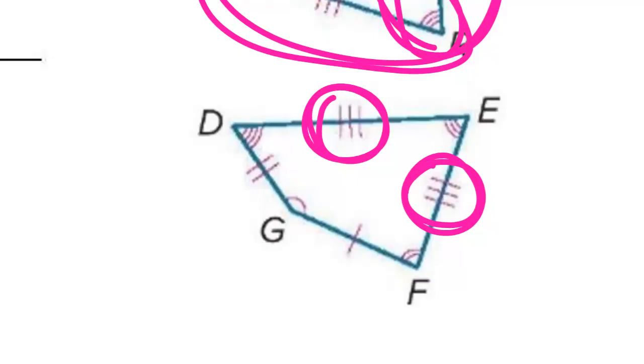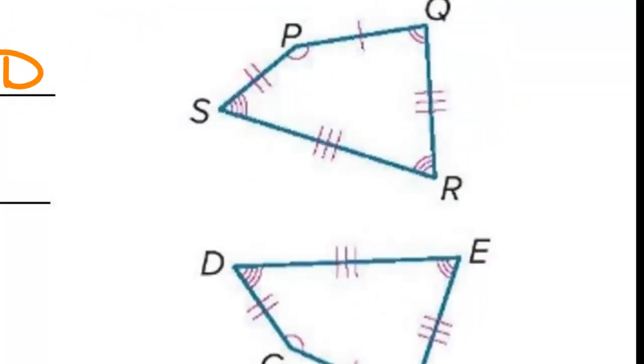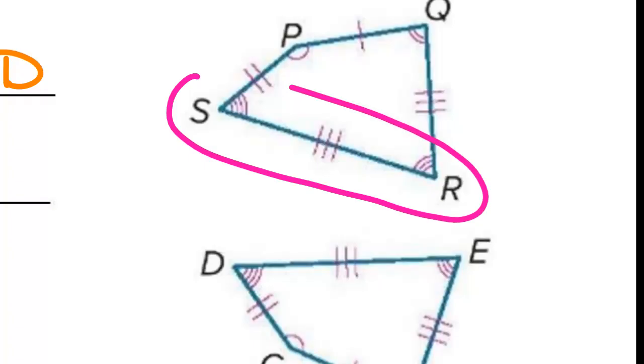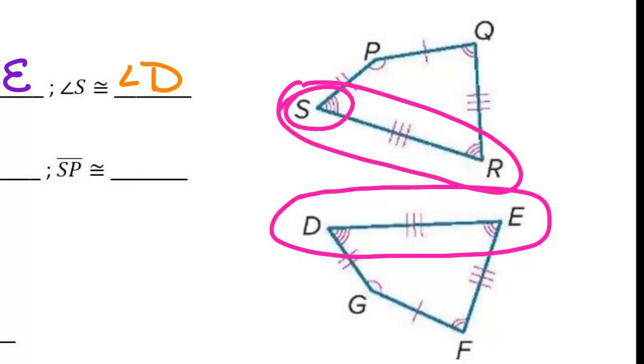If you have a situation like this, then you'll look at the angles. So let me look at the one that we're working on right here, this one. You guys told me that that matches up with this, and you're right. I want you to look at angle S here. Is there an angle that's congruent to S that's part of the segment that I have circled on the other figure?